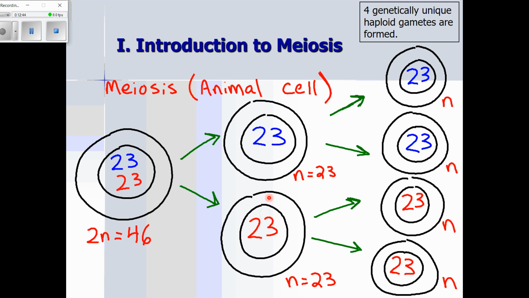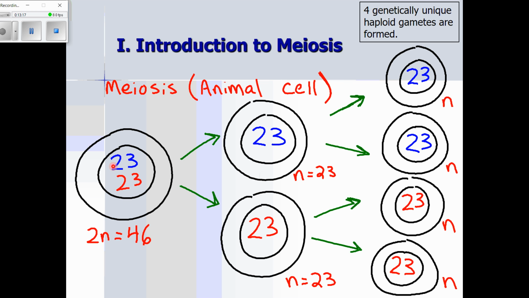But right here is where you notice a big difference between meiosis and mitosis. Because these two daughter cells, instead of each one getting 46 chromosomes, they each get one set of 23. Meiosis is sometimes referred to as reduction division, because when the cell divides, the number of chromosomes is reduced.